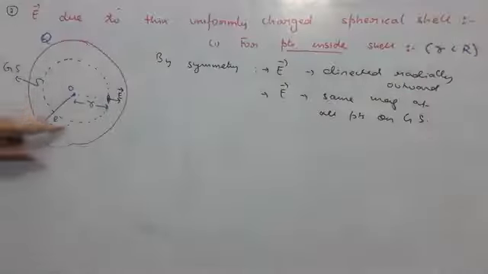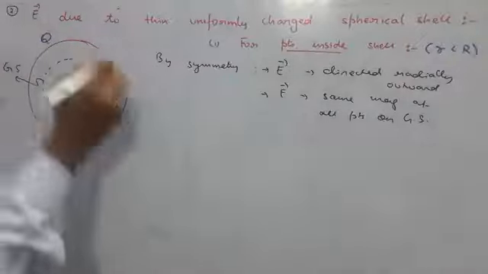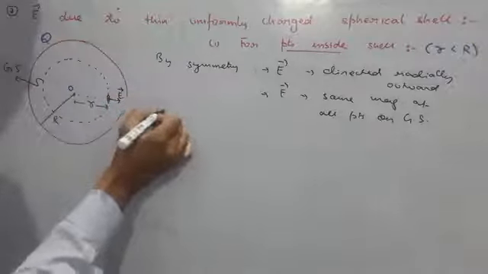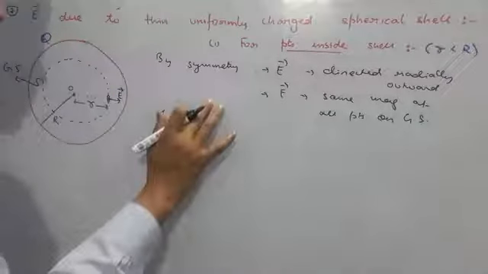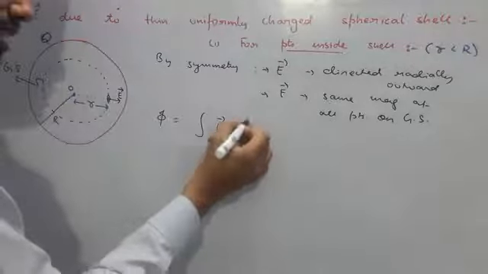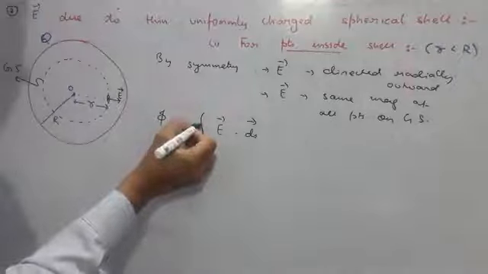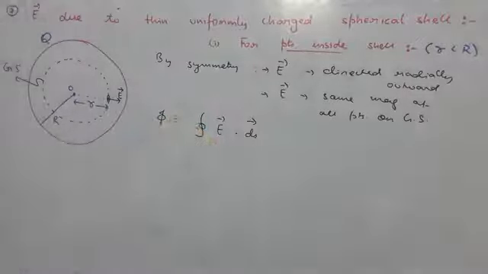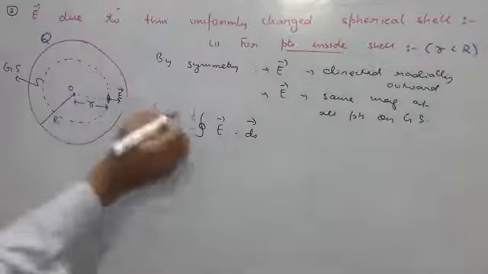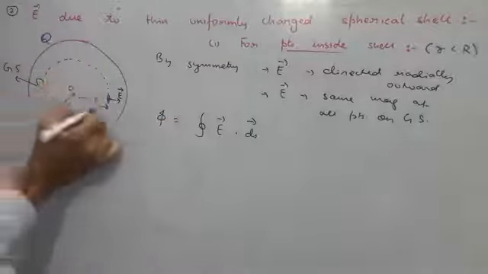This is our Gaussian surface, the dotted spherical surface. So let's first find flux. The total flux phi, as we have discussed, students, will be the integral of E dot ds vector. And because it is a closed surface, we will put a circle over there. This sign means closed surface. So we are finding this integration over this closed surface.